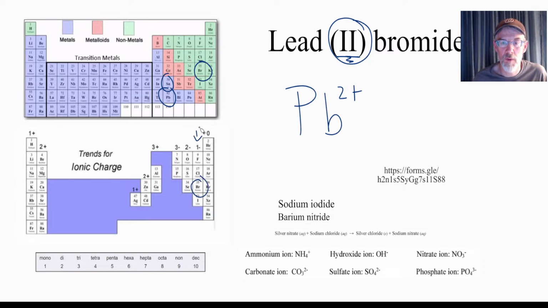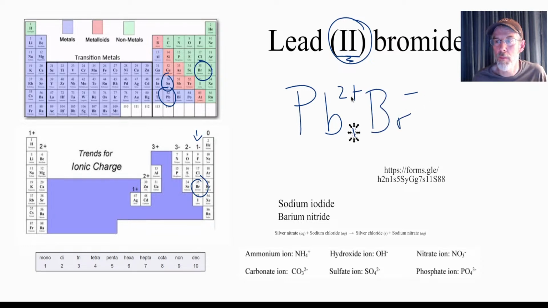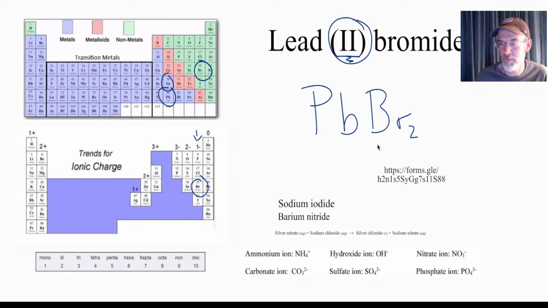These are all 1 minus when they form ions. Let's cross them. Boom, boom. And then we just get rid of the 1 because we don't really need to write that by convention. As we said, this is language, right? There are conventions, and we've just agreed not to write the 1. Okay, that's it. PbBr2.